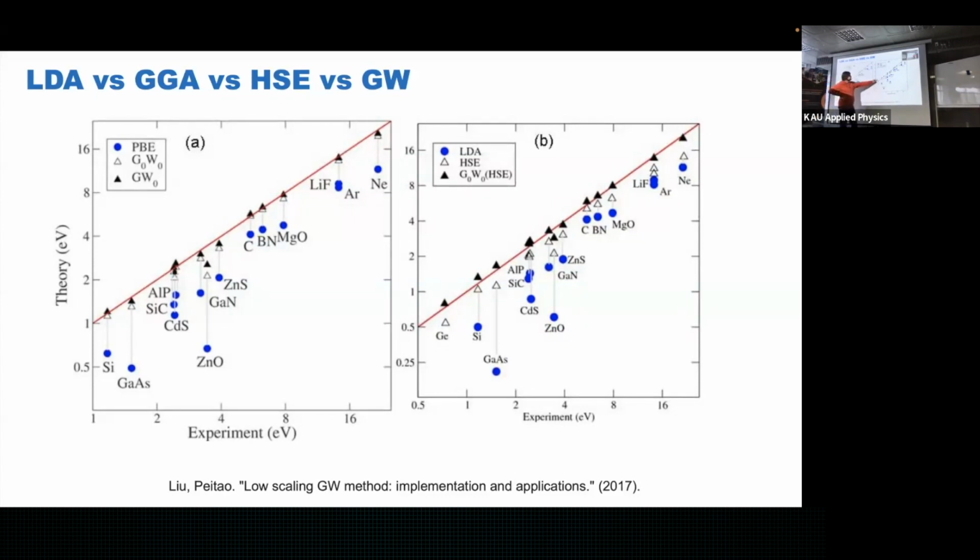But of course, methods from above, from the fifth level, so hybrid functionals are the fourth level, and GW methods, some quasi-particle methods, are on the fifth level. They give us better results, but they are really crazy, and I'm not even sure if we can call them DFT, because they are very far from all the stuff which I told you in this course.